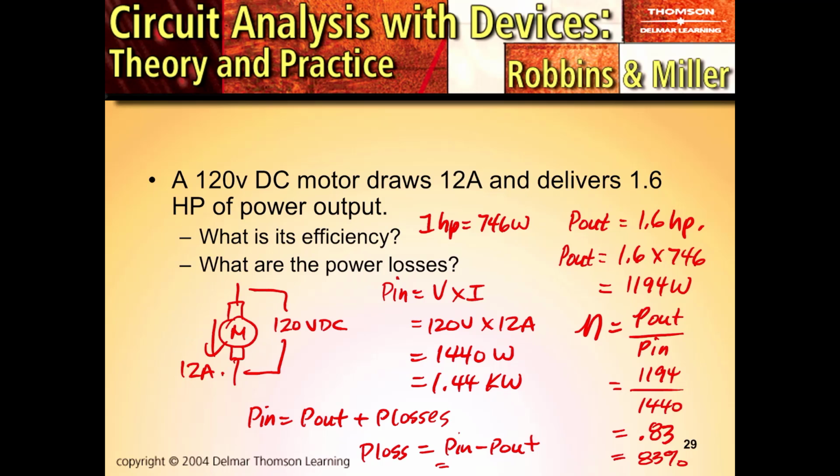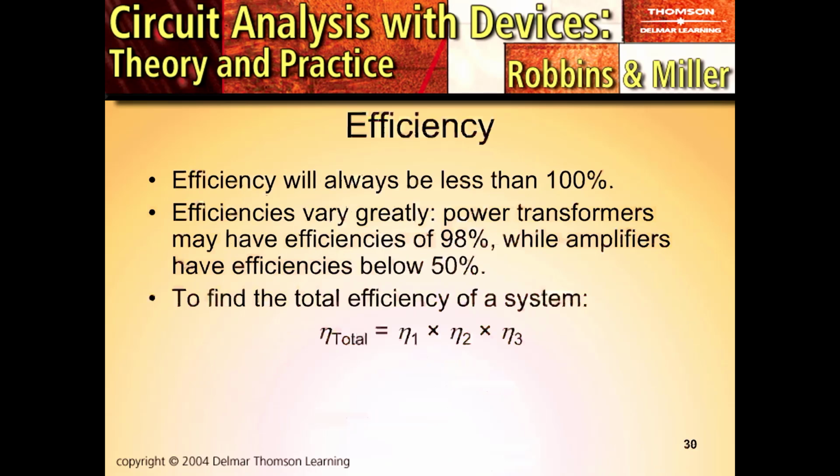Okay, and the result is 246 watts of P losses. So there's an example of efficiency and P losses and conversion from horsepower to watts, so that we can make an efficiency comparison and come up with a fraction or a percentage.